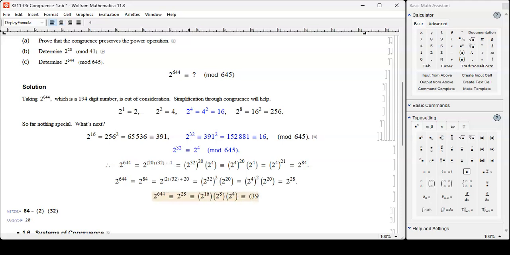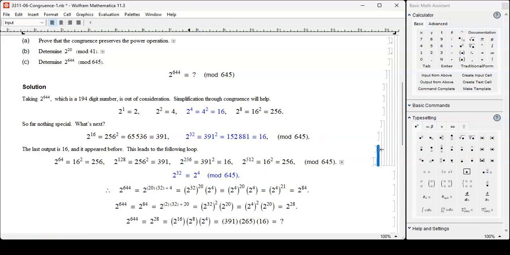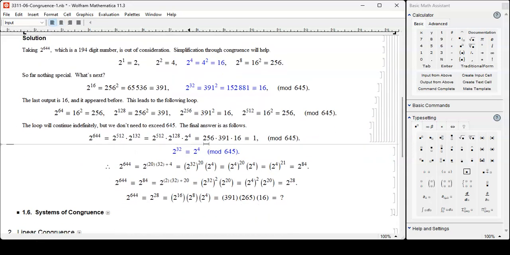So this is 391, and then 256, and then 16. Looks like finally we got to a point that we cannot get away. 16, 8, 4, they're all very low compared with 645, and then they all appeared. So yeah, go ahead and do this computation, and if you do it, what do you get? You're supposed to get 1.